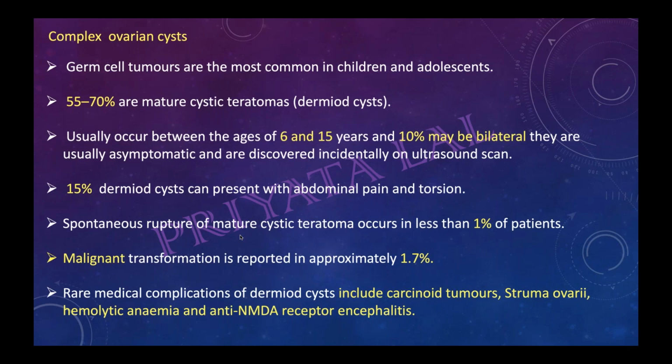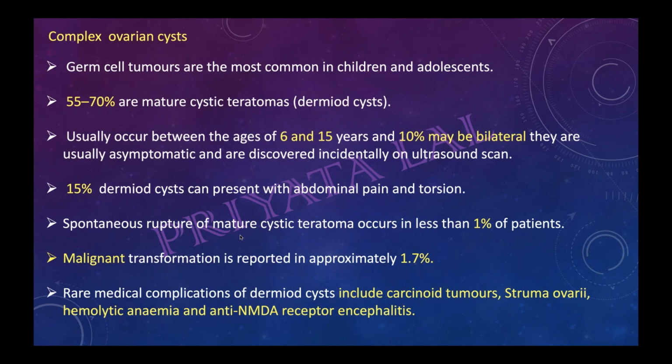Apart from this, 15% will come with torsion. Why is torsion so common here? Because we already know the dermoid has fat content, and fat is light. Because of their lightweight, they can very easily go for torsion.